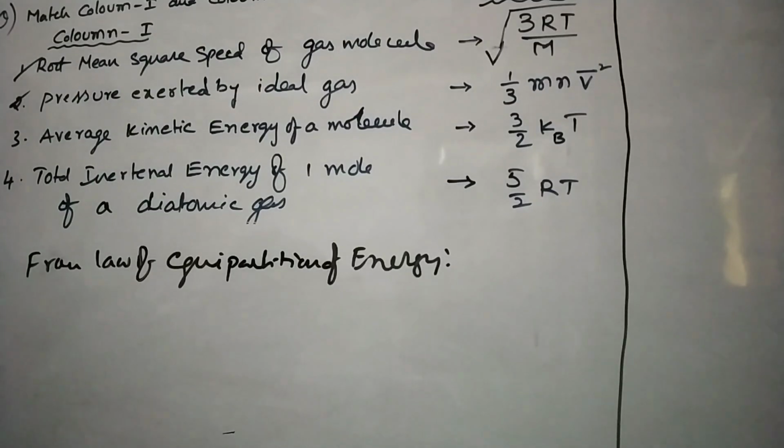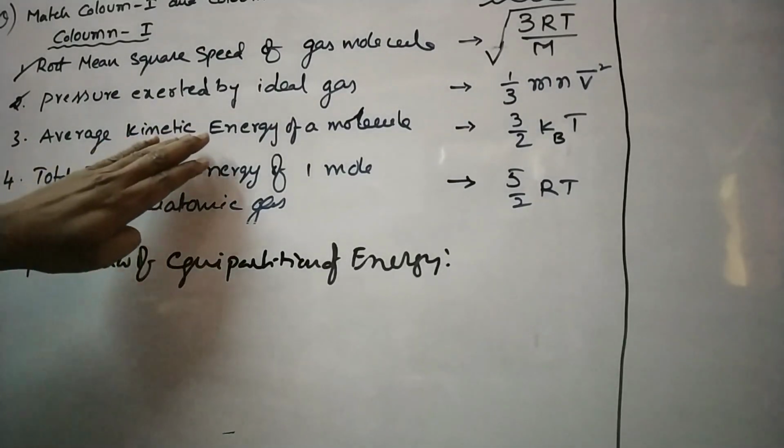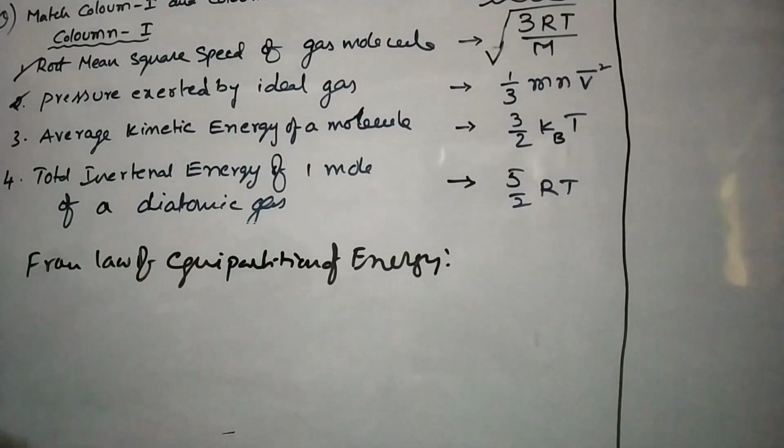Now, what is the average kinetic energy of a molecule? According to the law of equipartition of energy, when a particle moves in space, three coordinate axes are required. According to the kinetic theory of gases, when a particle is in motion, it possesses some kinetic energy.